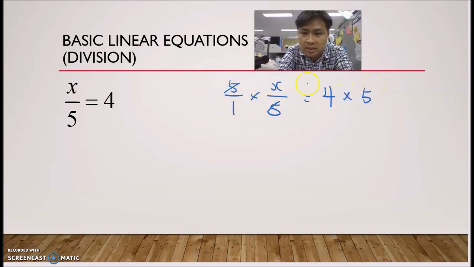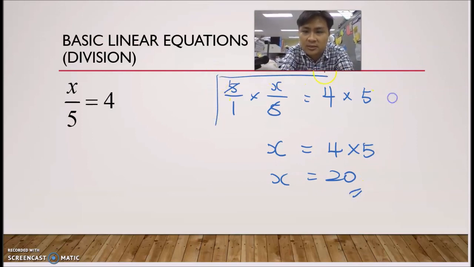So translating this into normal workings, x will be equals to 4 times 5. So x will be equals to 20. Again, this part here is just for your understanding. It's not necessary to show this working.